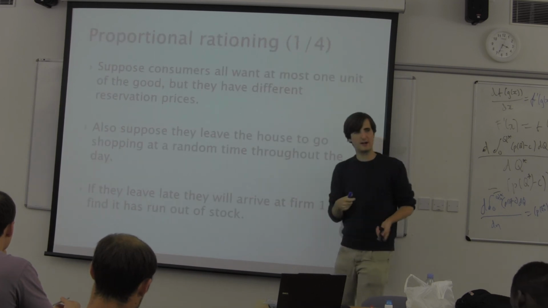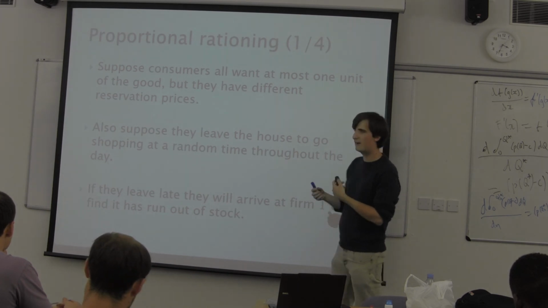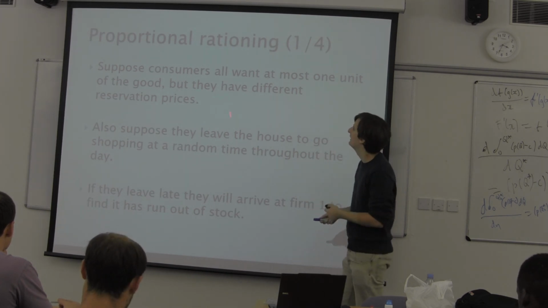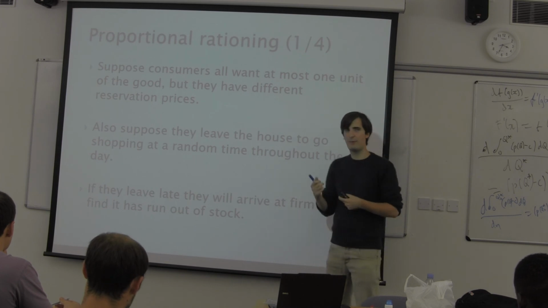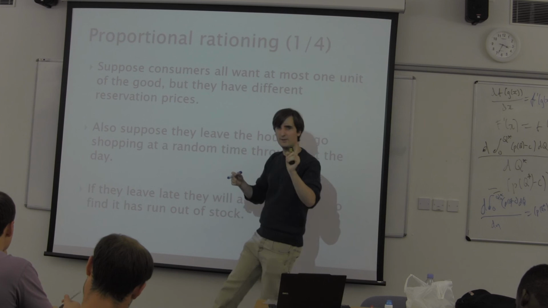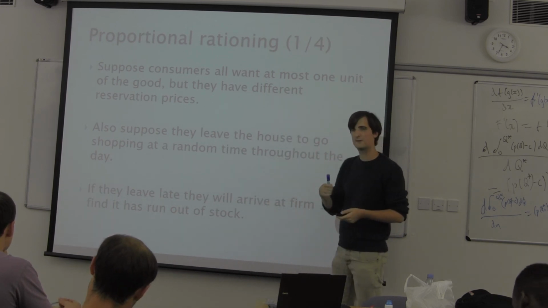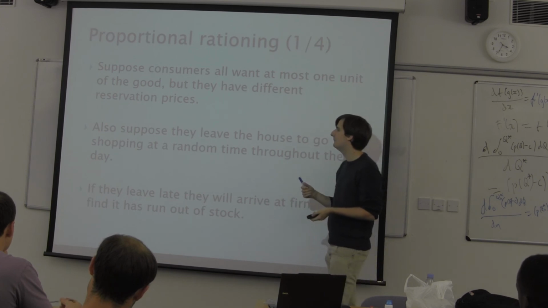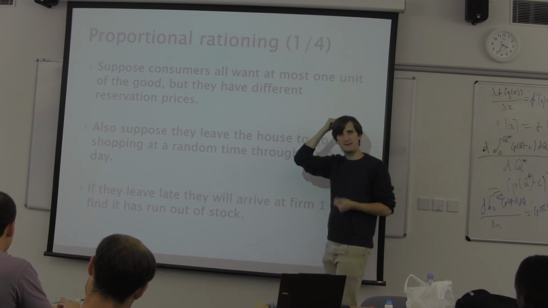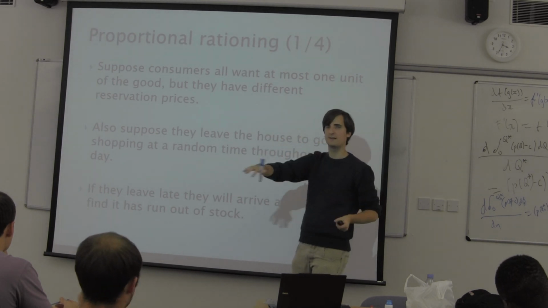There are two types of rationing that the literature considers. One is called proportional rationing, and the other is efficient rationing. The way you think about proportional rationing is that everyone wants one unit of the good, and they all have different reservation prices. With proportional rationing, it's as if everyone leaves the house at random times during the day.